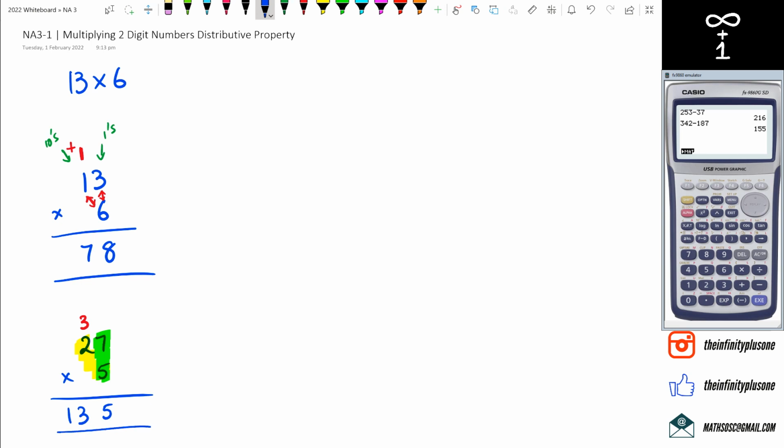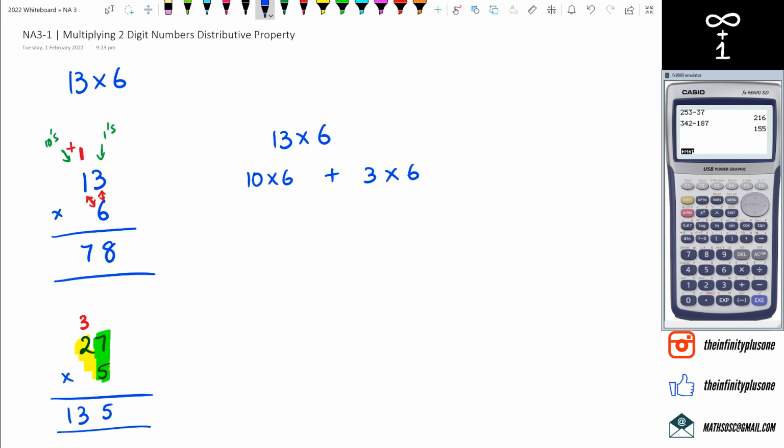But anyway, look, the distributive property. What do we mean by that? Let's take this 13 times 6. What it generally means is that you can split that up. 13 times 6 is the same thing as saying 10 times 6 plus 3 times 6.